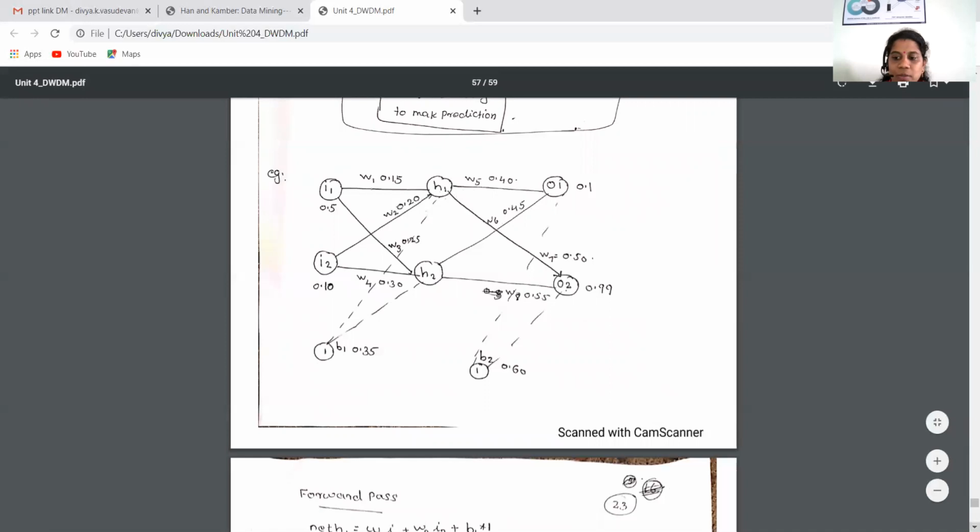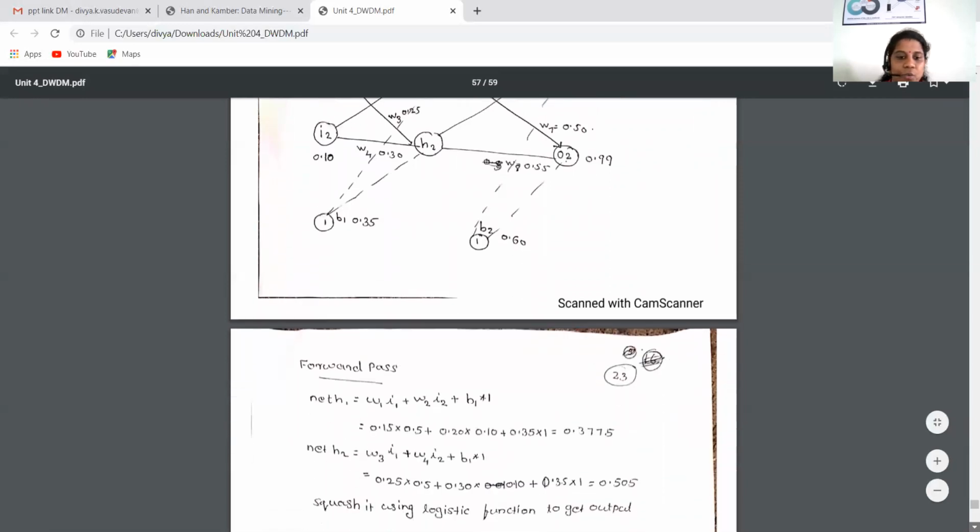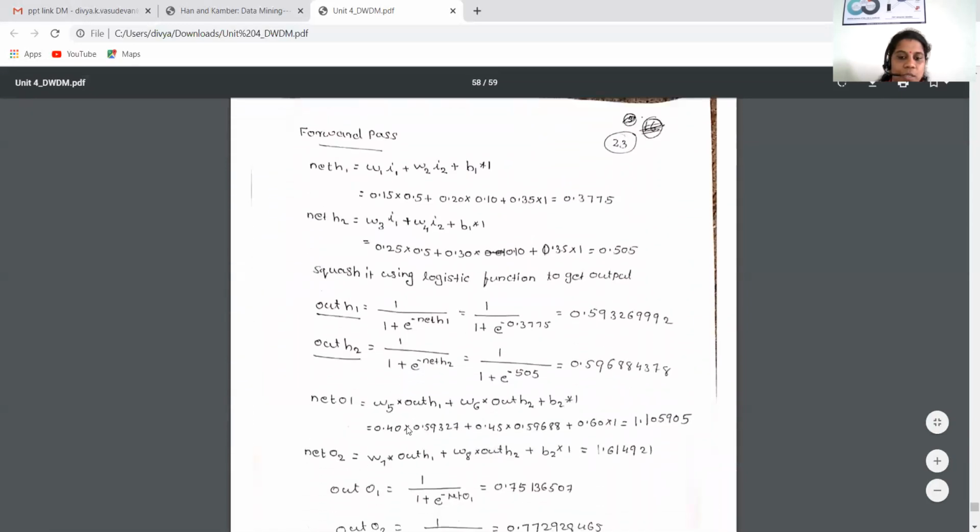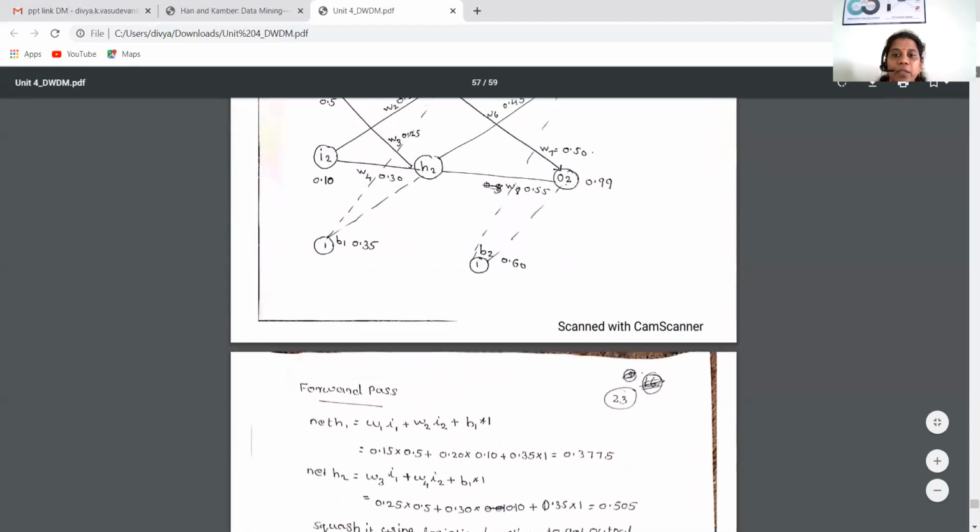So net O1 is equal to W5 into out H1 plus W6 into out H2, plus B2 into 1. Substitute all the values, you will get net O1 as 1.105905.